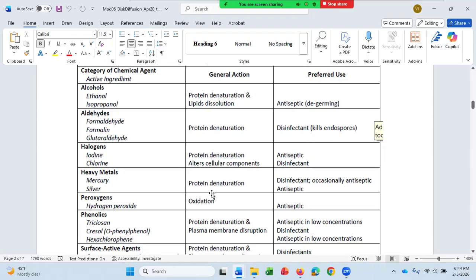Heavy metals are used as a disinfectant, occasionally as an antiseptic. For a long time they were no longer used because they are toxic to humans. So for a while there, the medical industry was not using them. However, because of the resistance to antibiotics, the use of heavy metals has come back.